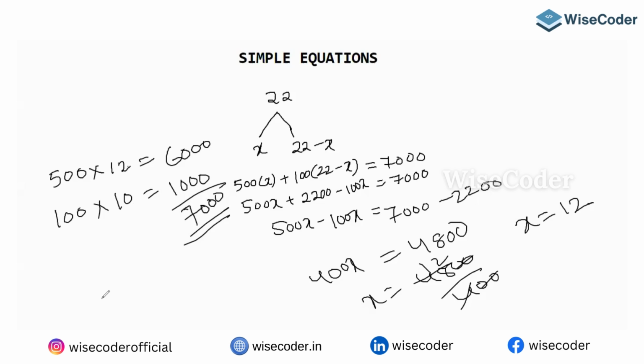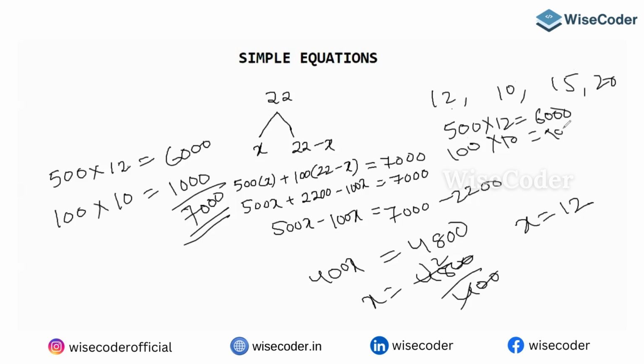Again, this is one way of solving. What is the other way? All competitive exams give options, so they'll give 12, 10, 15 and 20. If 12 notes are 500, 12 into 500 is 6,000. The remaining 10 notes are 100, so that gives you 1,000.